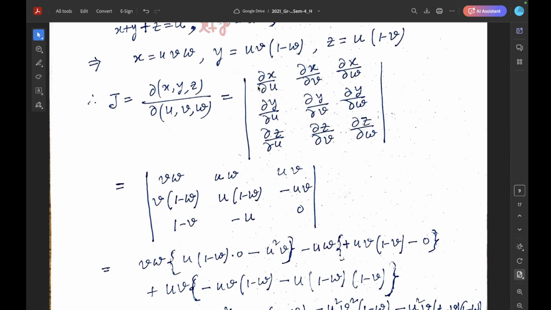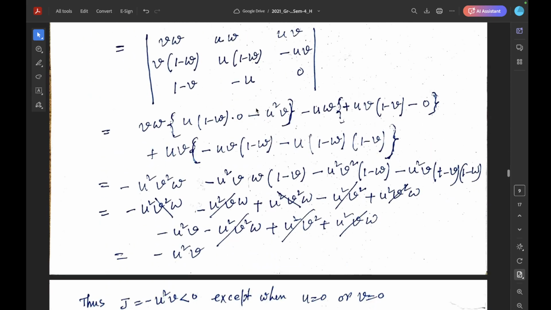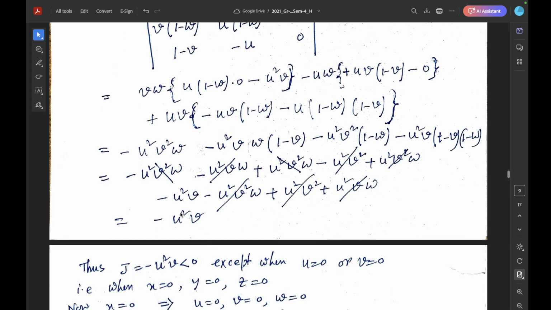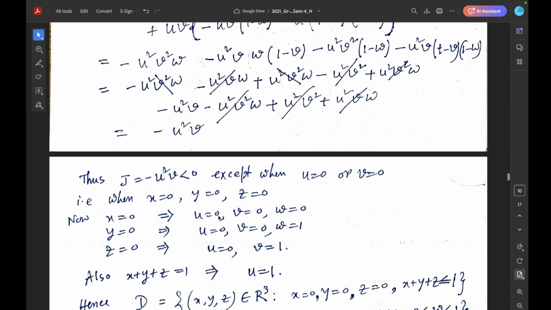Here del x by del u is the x derivative with respect to u, so we get v into w here, and similarly the others. And expanding this determinant, we calculate this equal to minus u square v. Now this Jacobian is negative except when u equals 0 or v equals 0, so the same sign Jacobian holds for this transformation.